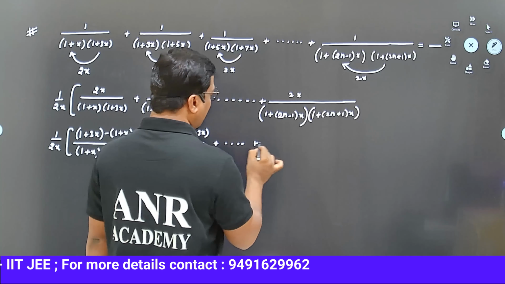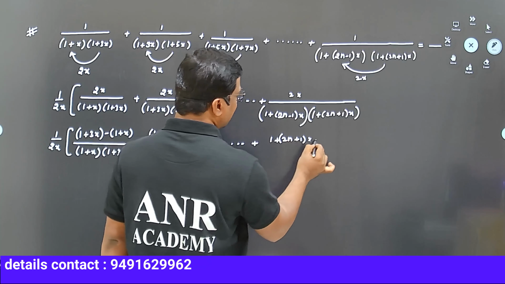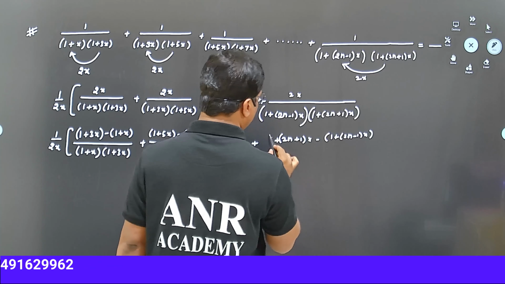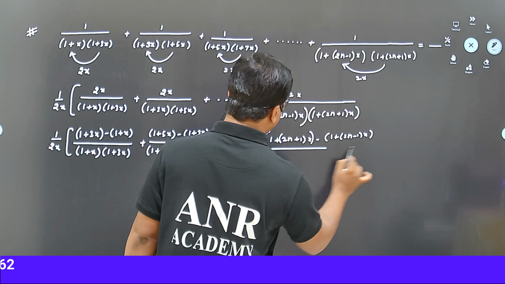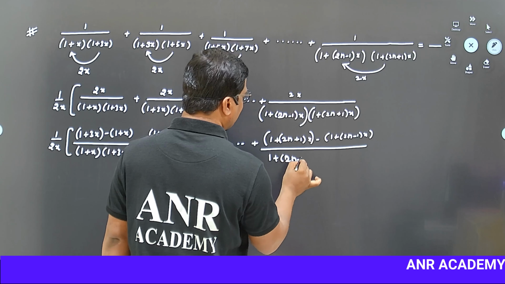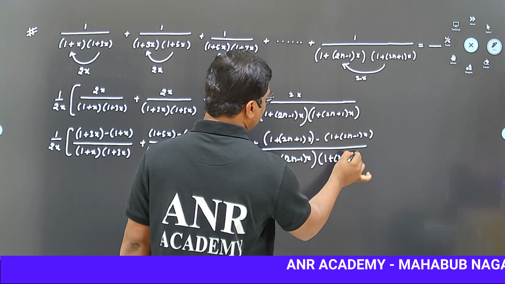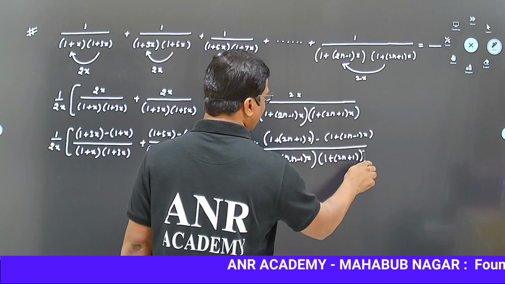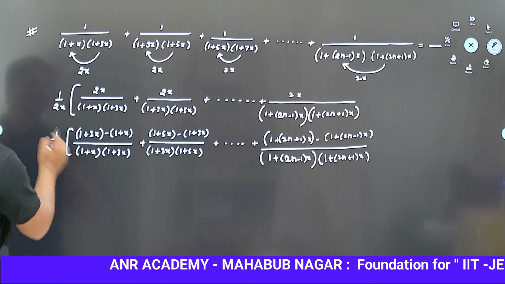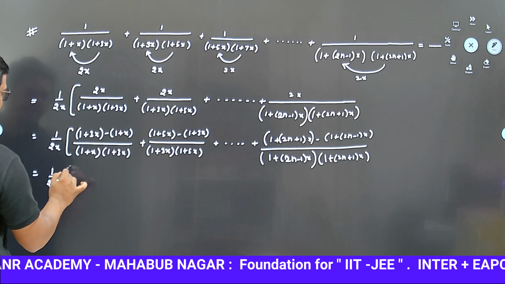Here the last term, the same: 1 plus (2n plus 1) x minus 1 plus (2n minus 1) x whole divided by the product of 1 plus (2n minus 1) x and 1 plus (2n plus 1) x. So this is the result. In the next step, 1 by 2x outside as it is.